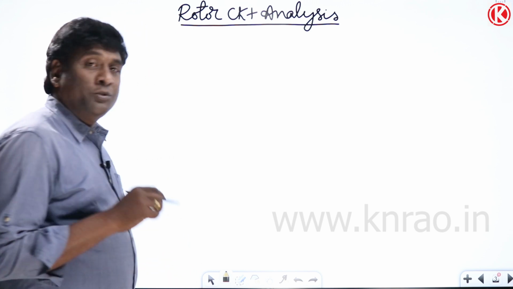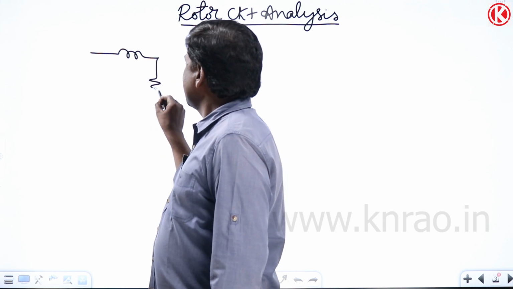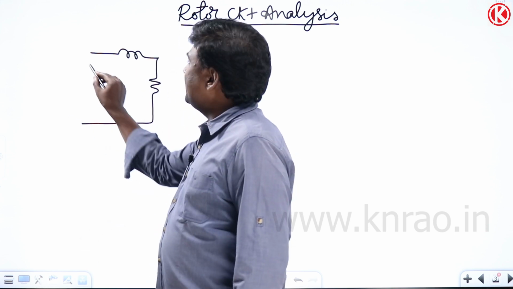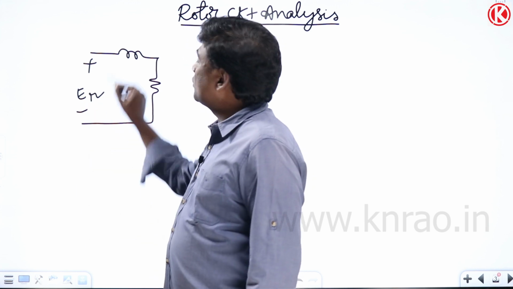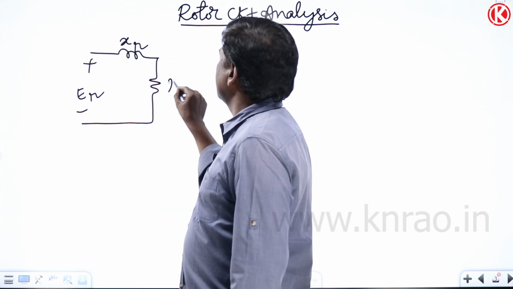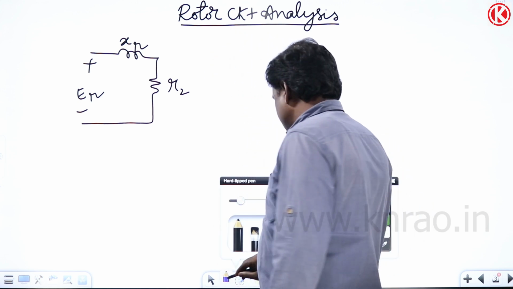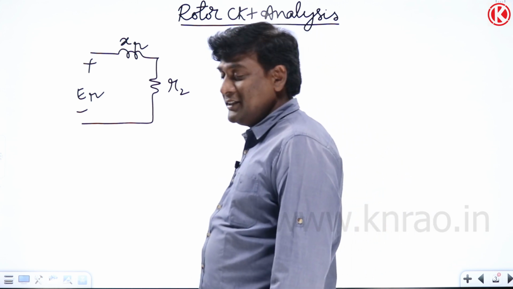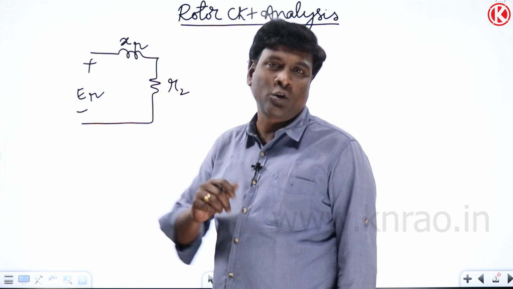Anyway, if you think of the rotor circuit equivalent, it is going to be like this. Here rotor induced voltage ER will be there, here rotor reactance XR, and here rotor resistance R2. In our previous session we mentioned that rotor frequency is slip times stator frequency.